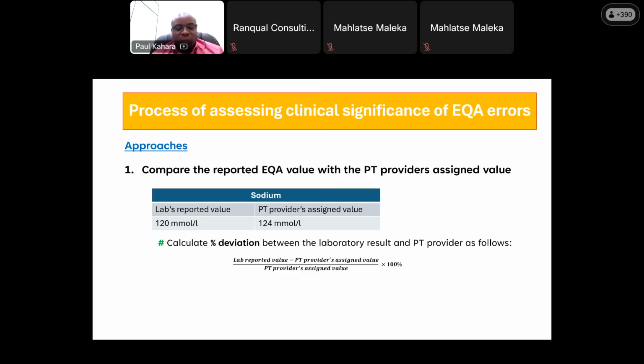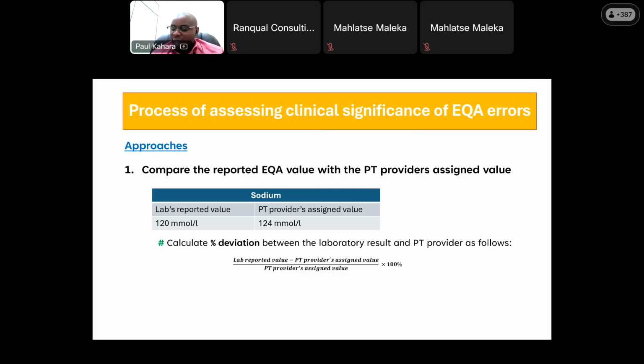So what are we supposed to do? Calculate the percentage deviation between your result and what the PT provider was giving. It is true you could be failing, because the range for this particular material would probably be something like 122 to 128. This is the range from the PT provider, and for us, we got 120.